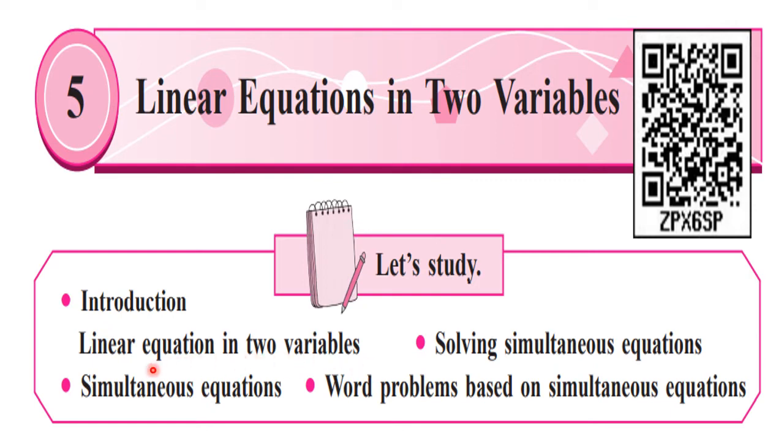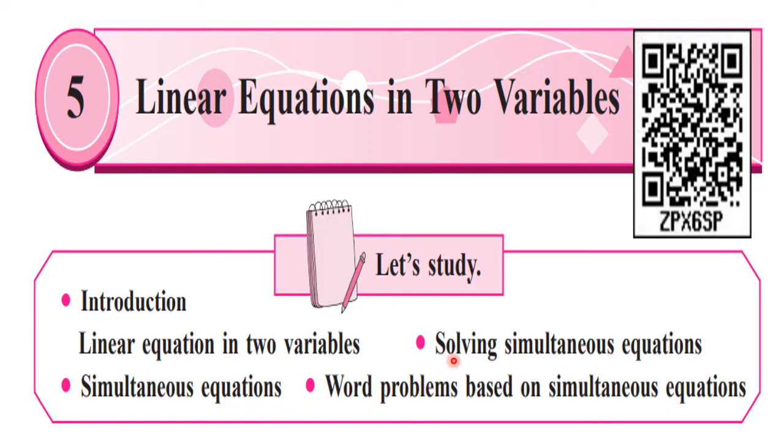There we saw that when we think about an equation with two variables, say x and y, with degree 1, it is called a linear equation in two variables. Afterwards, we saw the meaning of the word simultaneous equations. Simultaneous equations means when we think about two or more linear equations at the same time. When we solve them at the same time, it is called simultaneous equations.